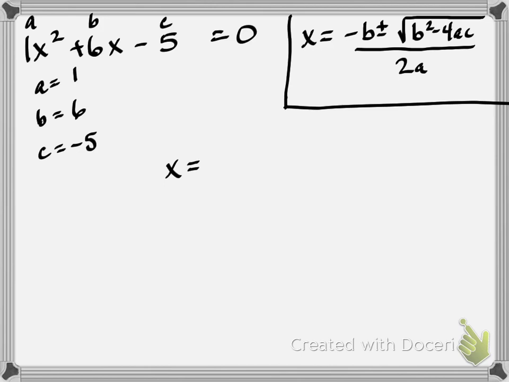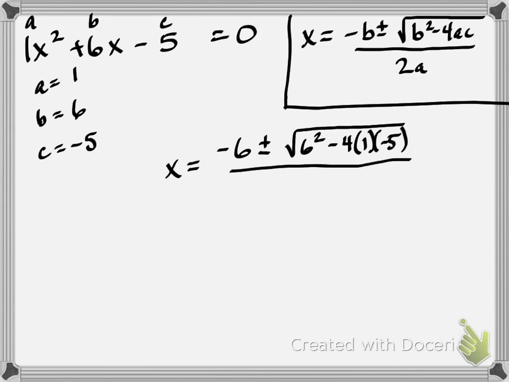So now we're going to plug all three of those numbers into the quadratic formula. So it's going to be negative B. Well, B is positive, so that would end up being a negative 6 plus or minus the square root of 6 squared minus 4 times A times C, divided by 2 times A, which is 1.